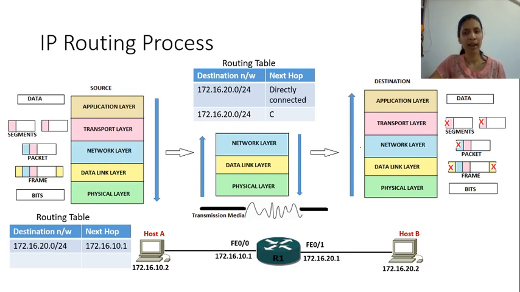So the IP present at the network layer will understand that this packet is destined for itself. It will remove the IP header and then send the ICMP payload to the upper part of the network layer, that is to the ICMP protocol. The ICMP protocol will recognize that this is an ICMP echo request message, and will generate an ICMP echo reply message and send it to the IP layer, that is the middle part of the network layer, which will convert it to a packet, and then it will go down the OSI model back to the source.